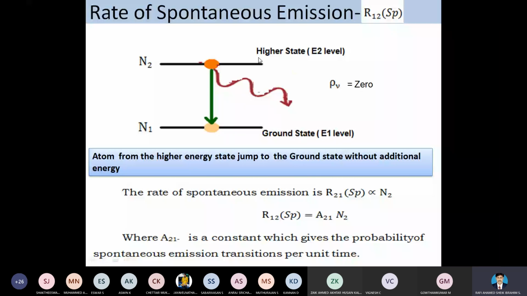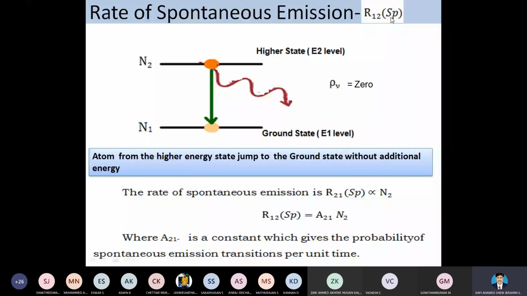To mention the rate of spontaneous emission, we consider the symbol R21. By mistake I had given R12. Sorry, R21 spontaneous.